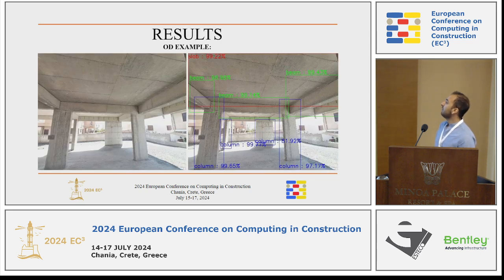Let's see an example. In this case, we have the same photo as I showed before. We have the initial photo in the left figure, and the right figure is the output after the custom object detection model implementation, where we have 8 objects detected and correctly classified, with very high confidence scores. But some objects in the background are not detected.